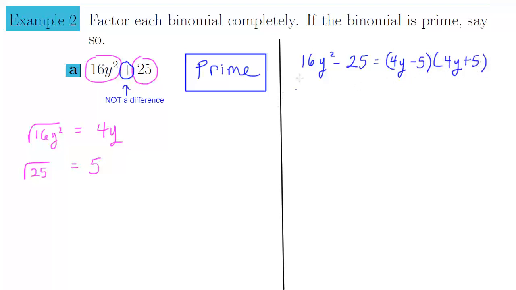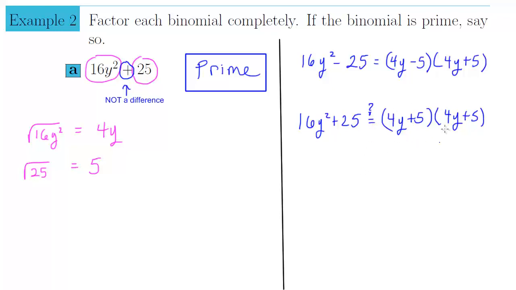All right, so sometimes students think that 16y squared plus 25, where the sign in the middle is addition, should equal 4y plus 5 times 4y plus 5. Is this true? Does this make sense?